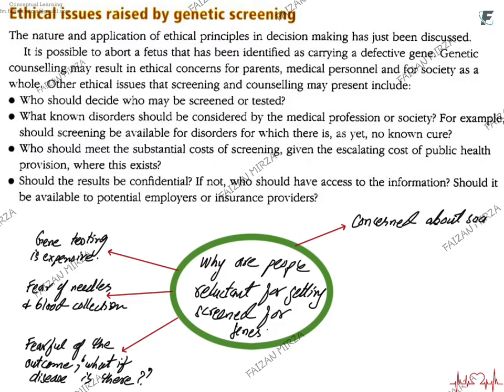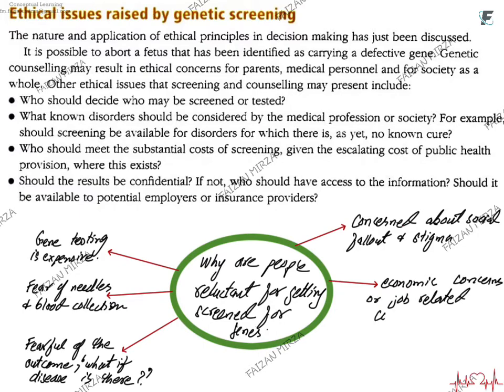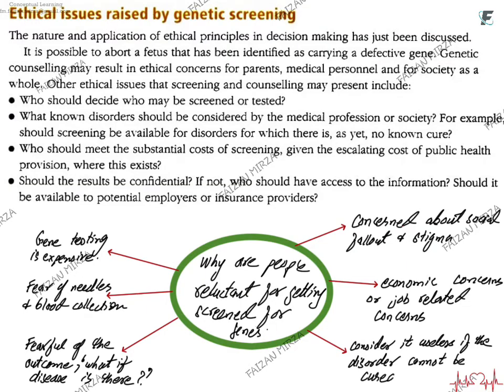So this is the big if question. Furthermore, some people might be concerned about the social fallout or the implications of getting the disease and the stigma associated with it. Plus, economic concerns that a person may have, or job related issues that a person may think of because of coming across this disease. And one very important factor is that the person may find this gene testing to be useless, since the disorder cannot be treated at the gene level and probably the cure is not there, which is one of the main reasons when a person is asked to get tested for Huntington.